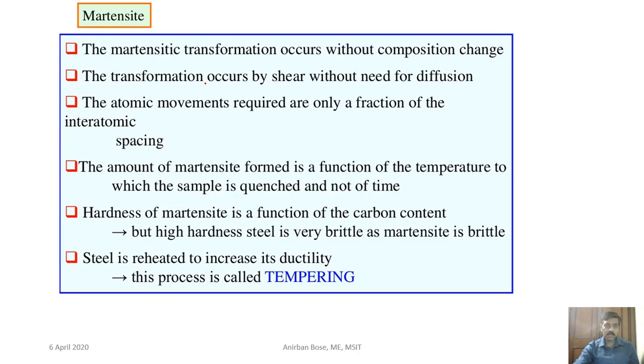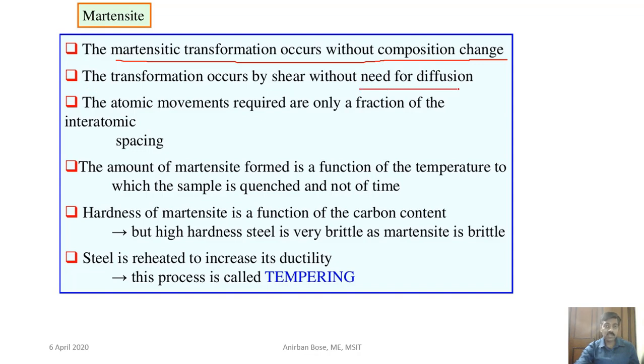So some of the important takeaway points regarding martensite: martensite transformation occurs without composition change. That means you can see the composition remains the same, carbon is not going to diffuse. Okay, it's a single phase, and the transformation occurs by shear without need for diffusion.